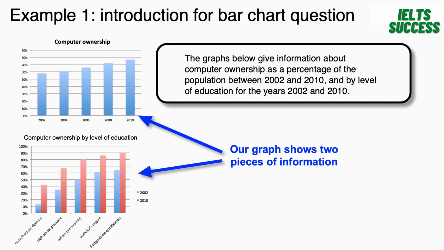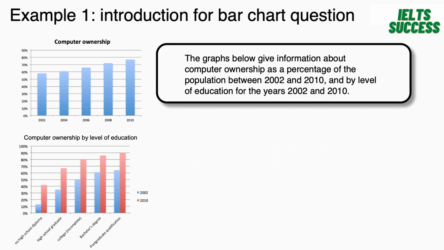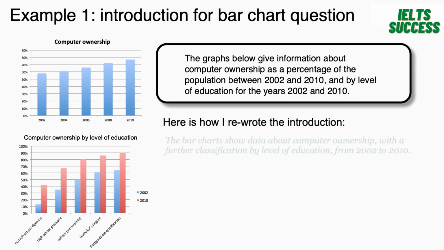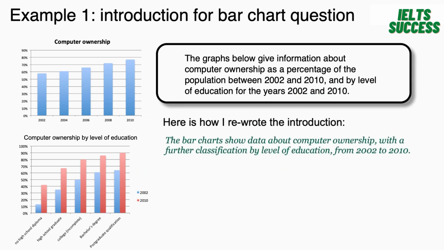And the time period is years 2002 and 2010. So, here's how I rewrote the introduction. The bar charts show data about computer ownership with a further classification by level of education from 2002 to 2010.